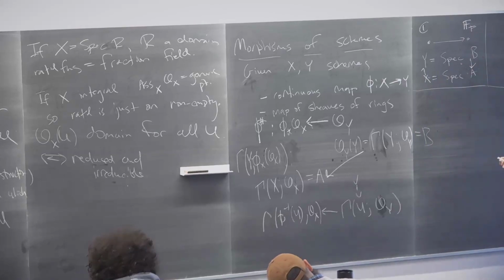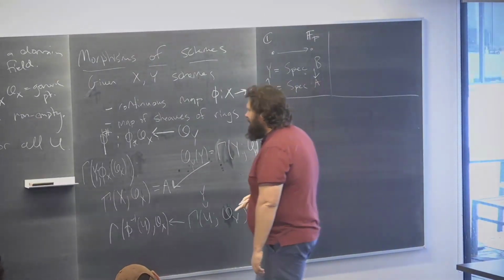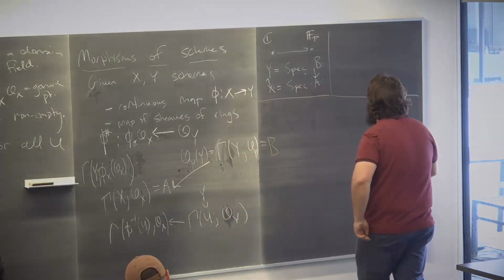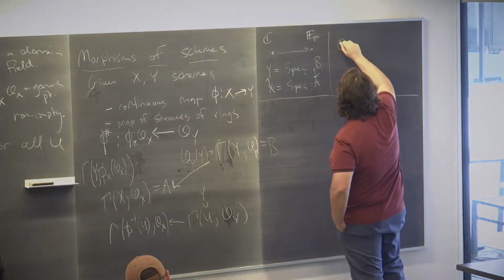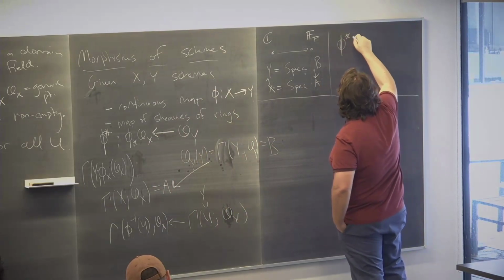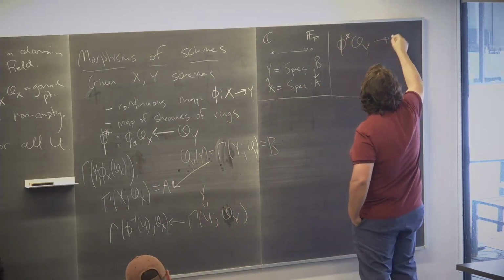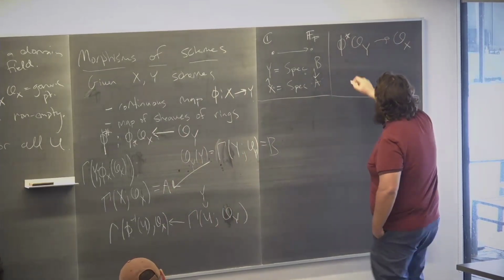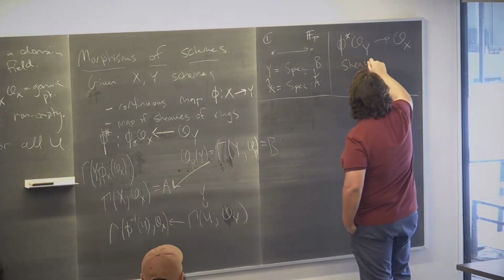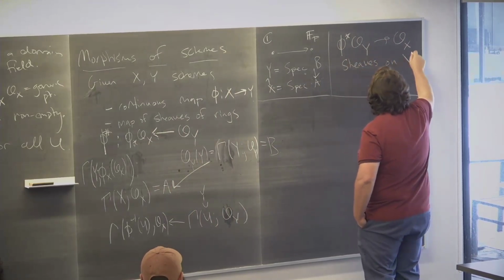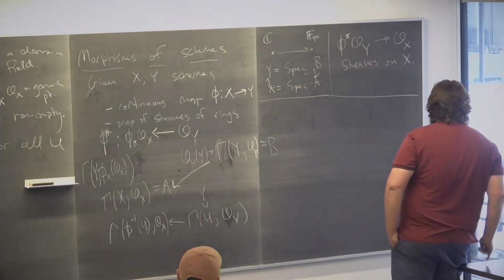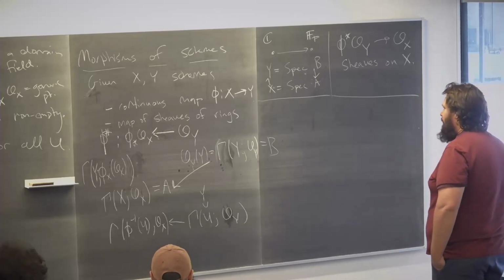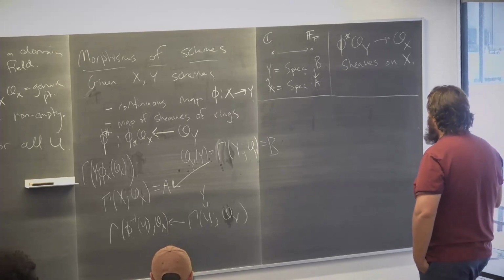I've kind of put off defining this. There's another way to write this, which is I could also write this as a map from the pullback of O of Y to O of X. This would be a map of sheaves on X. Now, unfortunately, I wrote this and I haven't actually defined what pullback of sheaves is, right?